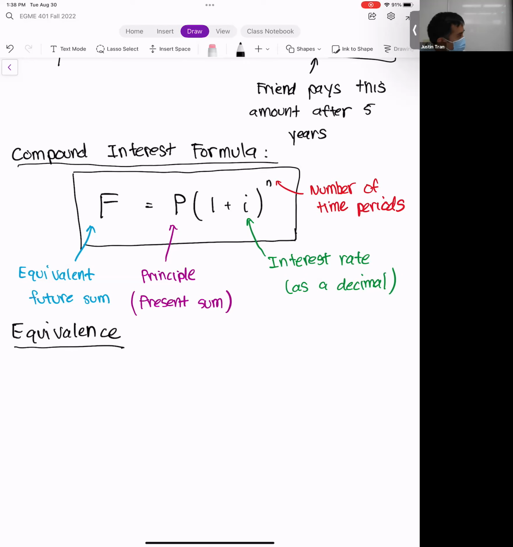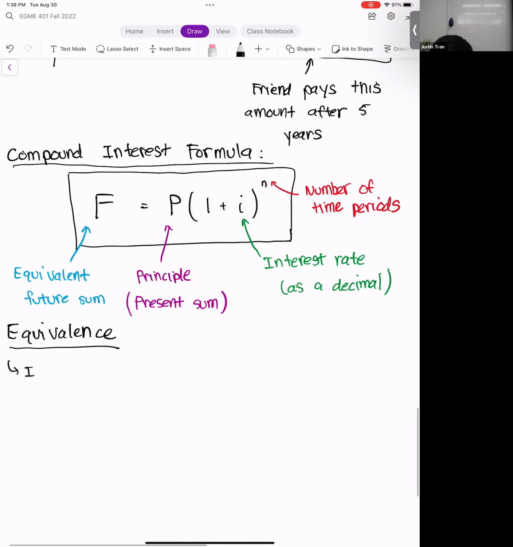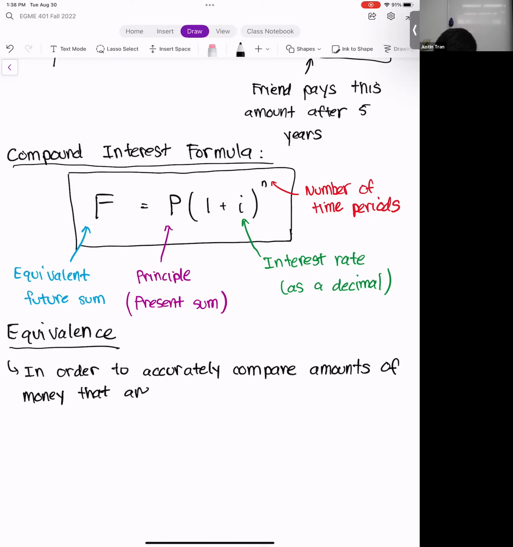Another way to put this is that in order to fairly compare amounts of money occurring at different points in time, you have to account for the fact that the money's value is going to change due to interest rates.